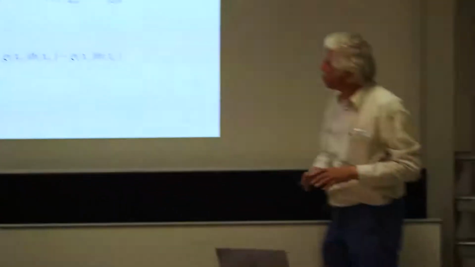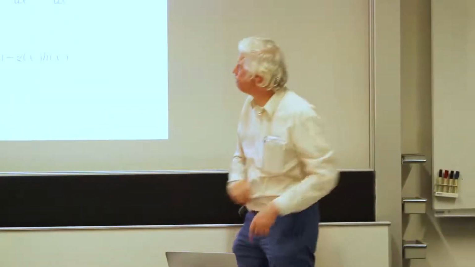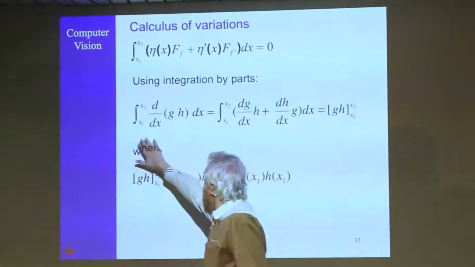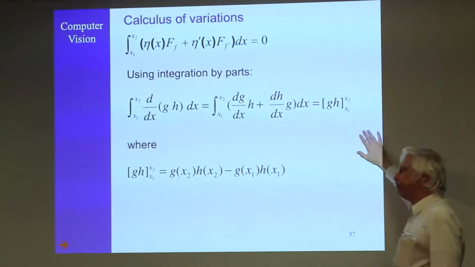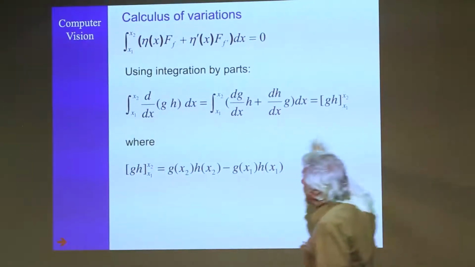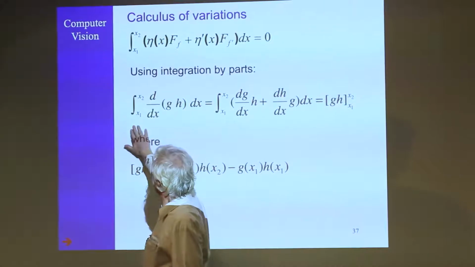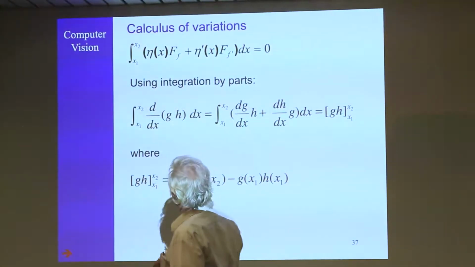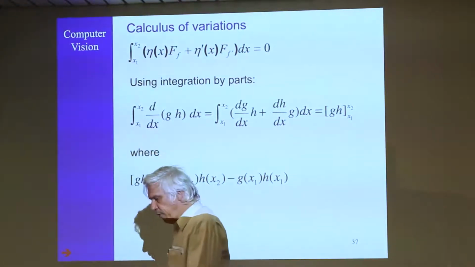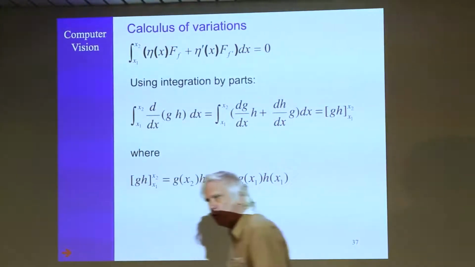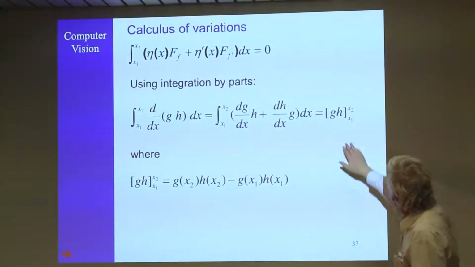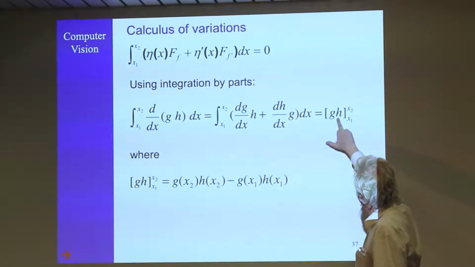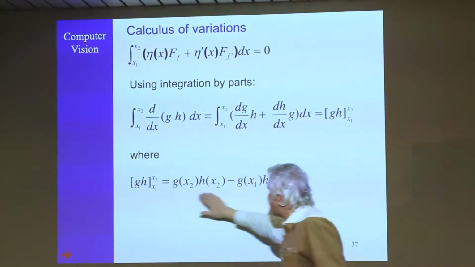To that end, we will use integration by parts. This is the theorem on integration by parts. We have an integral between the two boundaries of the derivative of g times h. After integration this amounts to basically nothing but taking the value of g times h at x2 and subtracting g times h at x1.